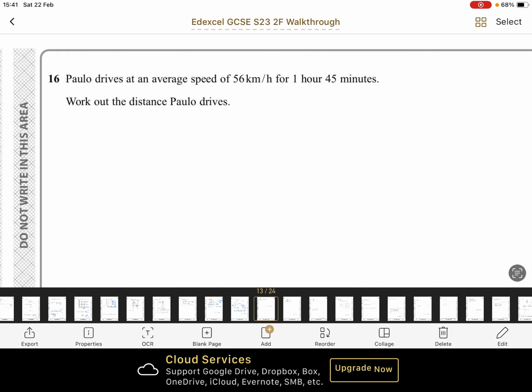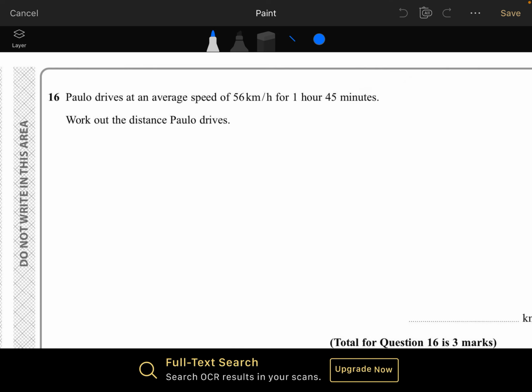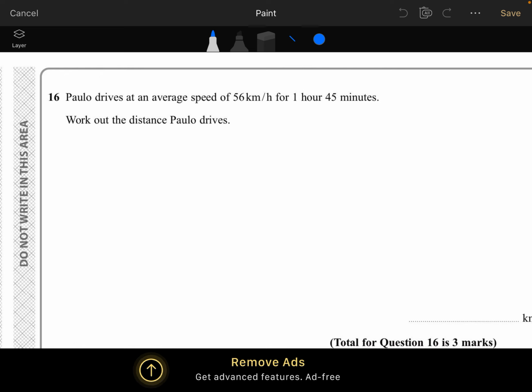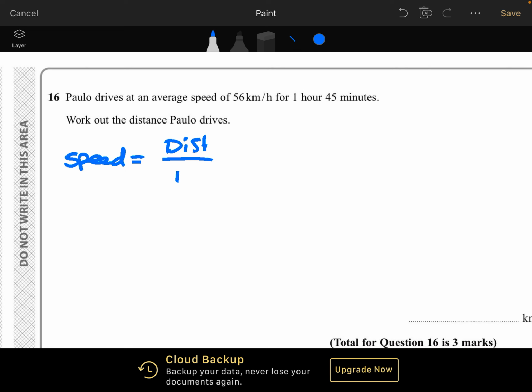Question 16. Paolo drives an average speed of 56 kilometers per hour for 1 hour 45 minutes. Work out the distance Paolo drives. Okay, so we can use the speed equals distance over time equation, which you should know.